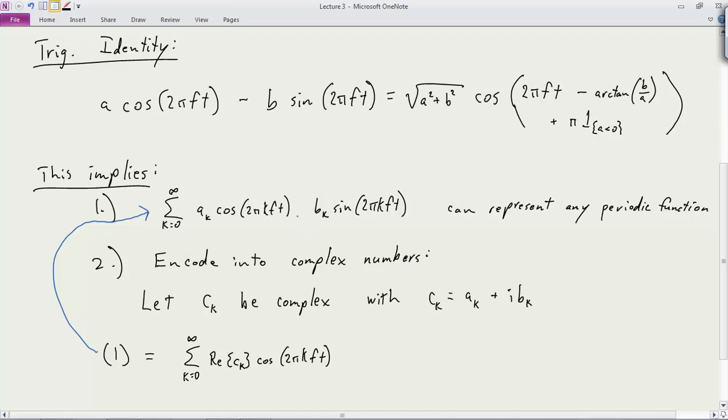I'm going to make this a minus here. Oh, and that's a plus. If you caught me on the trig identity, it should be a plus over there. All right.